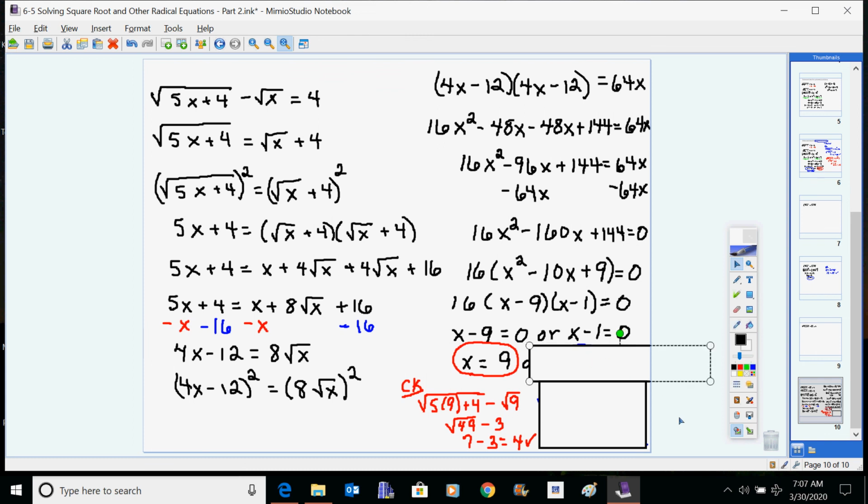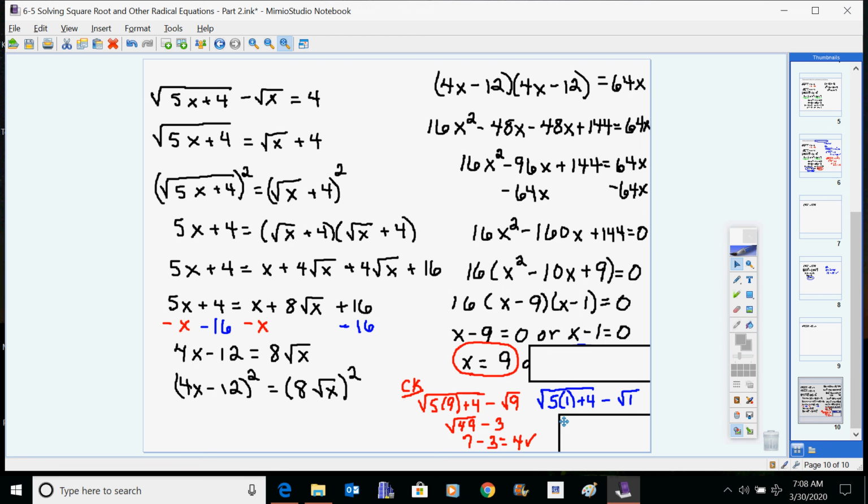So we still need to check this one and see if this one also gives us a correct answer. So when we plug in our 1 into this problem, we get 5 times 1 plus 4 minus the square root of 1.